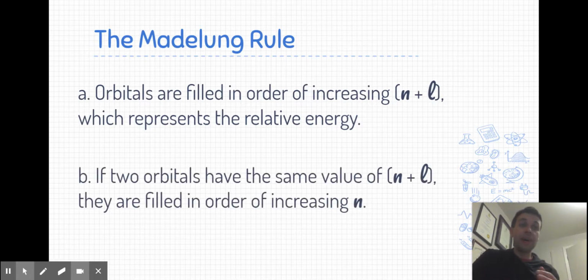If we calculate the value of n plus L for two orbitals and it's the same, then those orbitals are going to be filled in increasing values of n. So if one has n equals 2, the other has n equals 3, n equals 2 will fill first, then n equals 3. Once again, this calculation, n plus L, is not a quantitative measurement. It gives us an understanding of the relative energy of the orbitals.